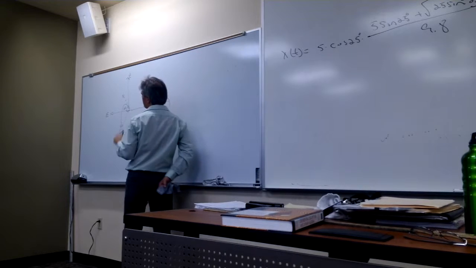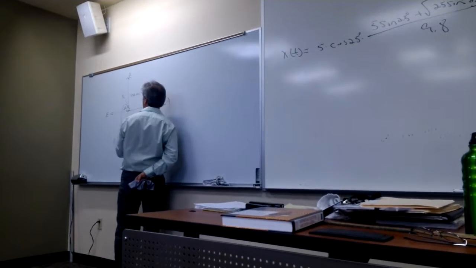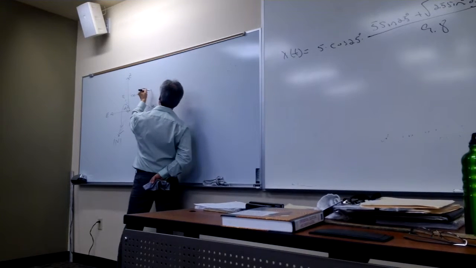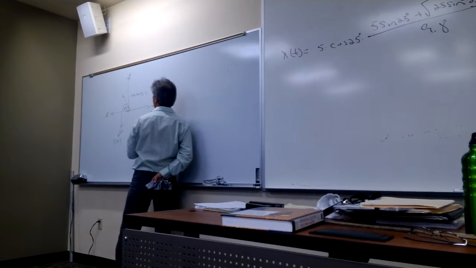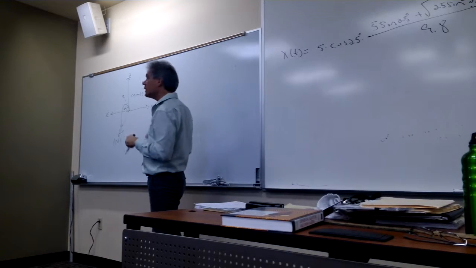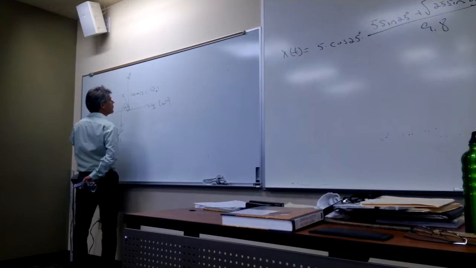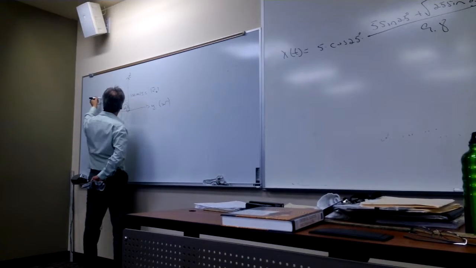Then let's suppose I throw a projectile upward at, how about a velocity of 100 meters per second? Initially, that's going to be its magnitude. And I've got some kind of wind blowing from east to west, let's say, with an acceleration of 10 meters per second squared.